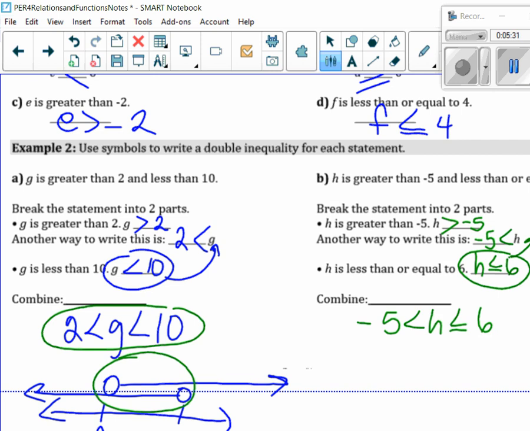Okay, so something you got to know about this is you always write it with the less than signs. If I ever see it written with greater than signs, like this, you get it wrong. It always has to be written as least to greatest, okay?